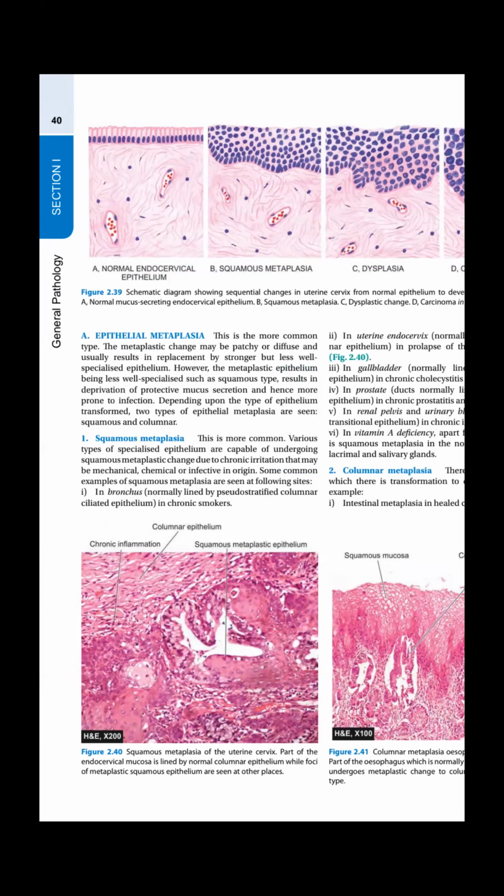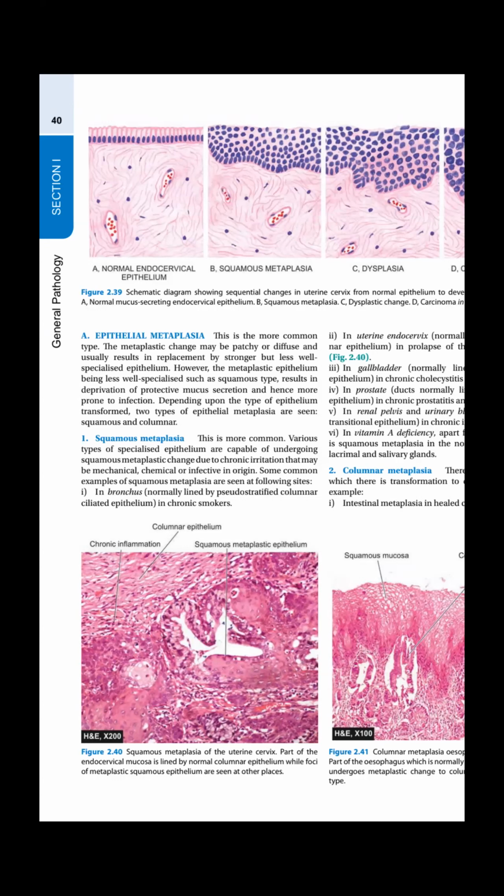For example, whenever we are growing, young children have a certain kind of cell, and it is replaced with a stronger cell. This is mainly seen in growing people when there is a change in length or size. So the epithelial cells are changed to the stronger one, the squamous cell.